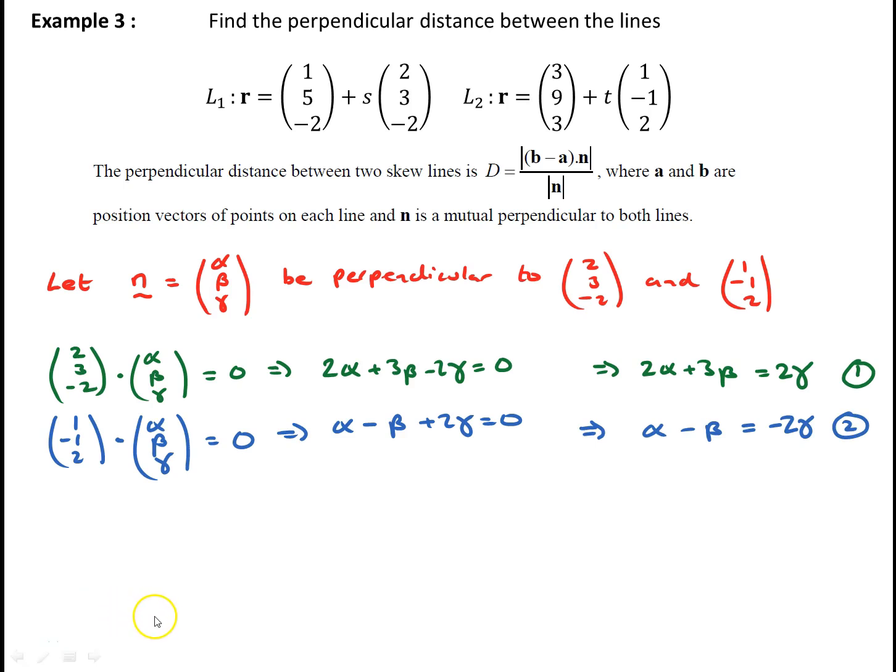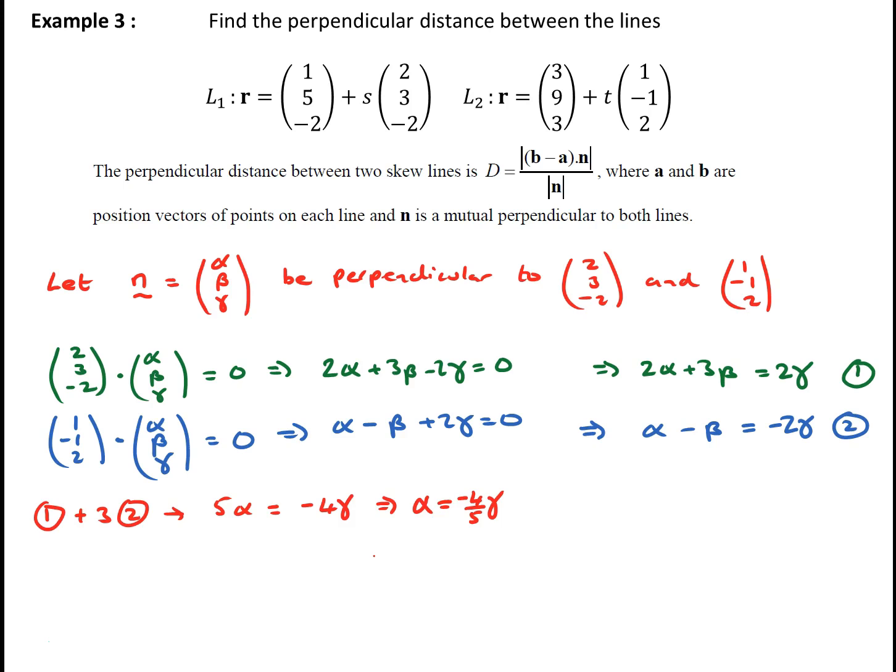So if we take equation 1 and add 3 times equation 2, we will eliminate the betas and we will obtain the result that 5 alpha is minus 4 gamma, which tells me that alpha is minus 4/5 gamma.